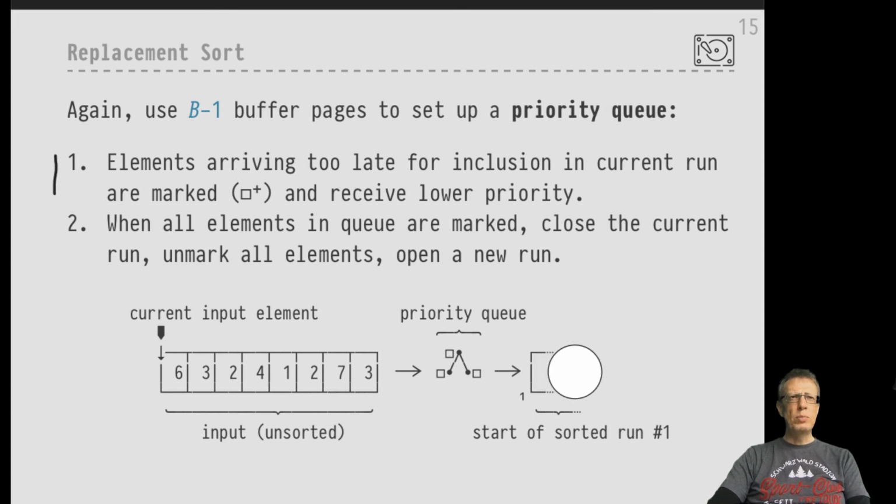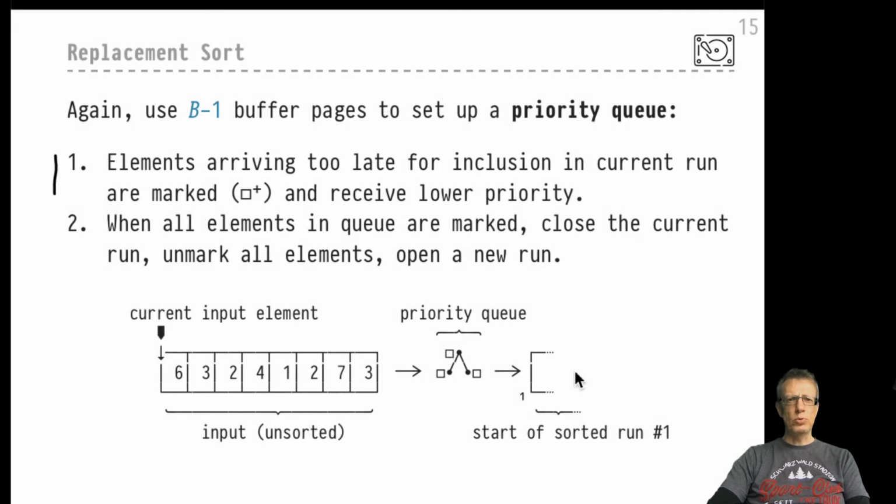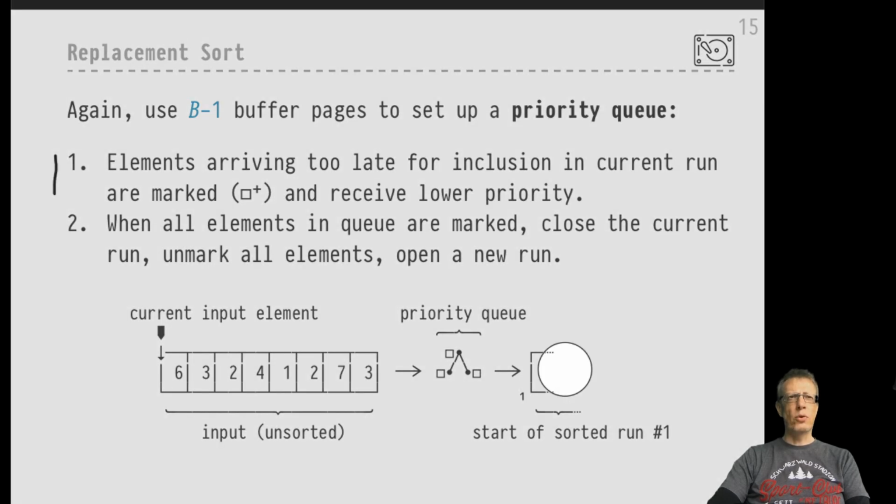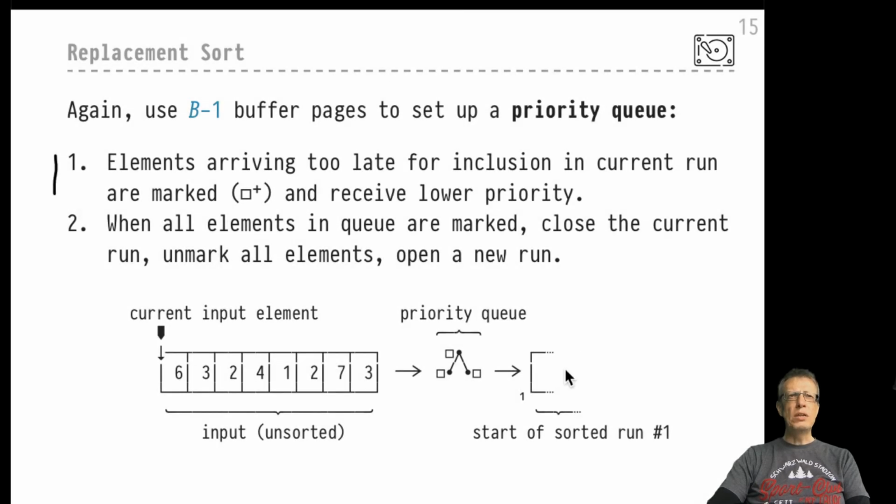Of course, there will be the largest element that has already been placed in the sorted output run. Any element that finds its way into the priority queue that is less than this largest element already placed in the sorted run will be arriving too late, in a sense. It will be marked with a plus sign and handled specially. It will receive lower priority. It will not be sorted to the root of the priority queue where we pick the next element to push into the output sorted run.